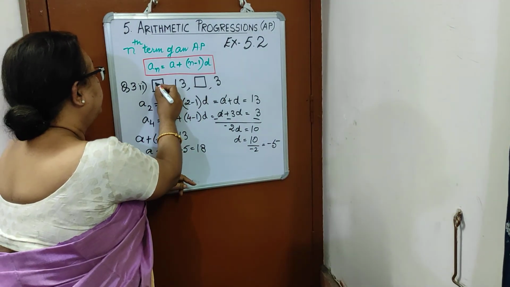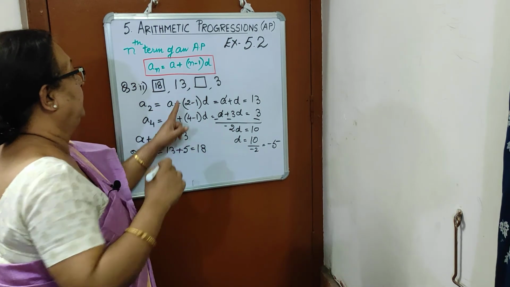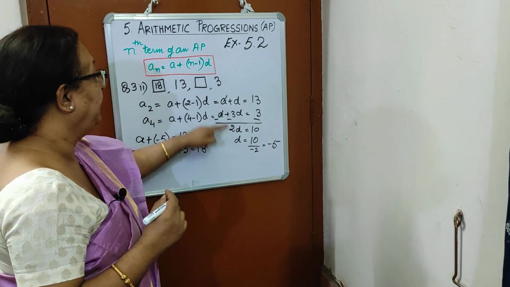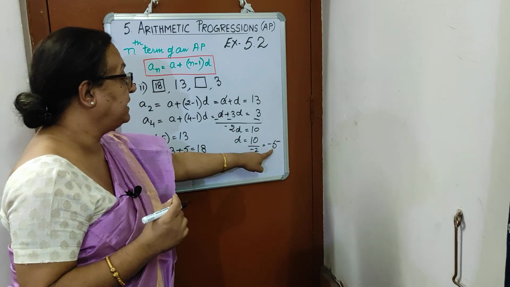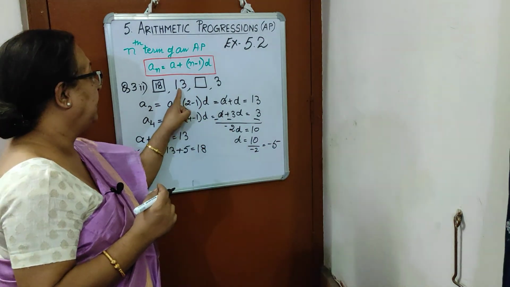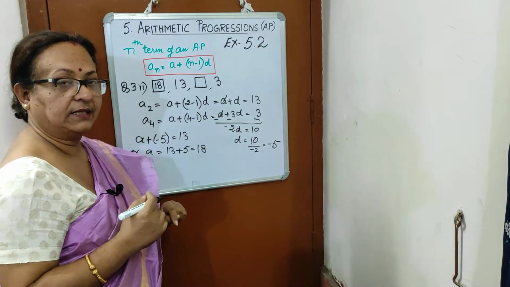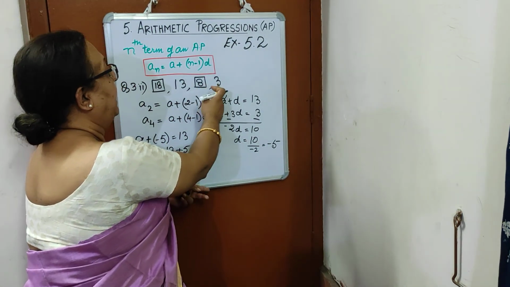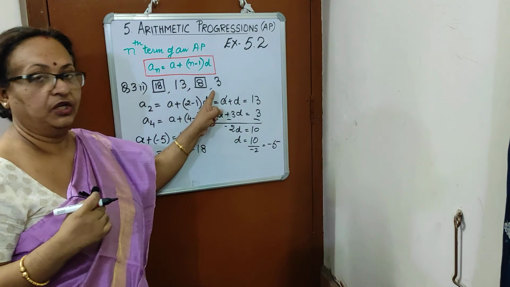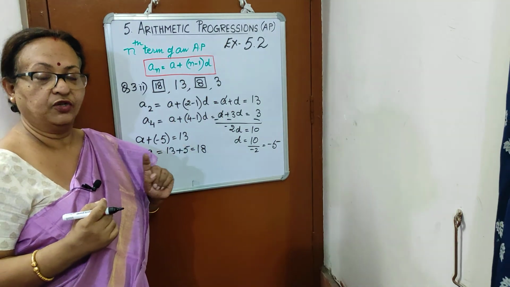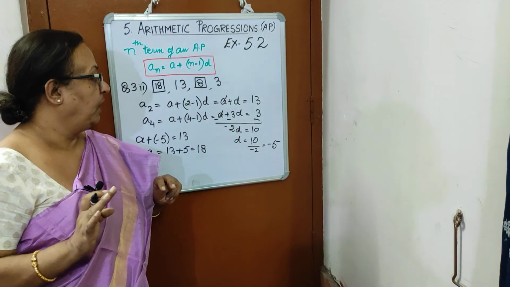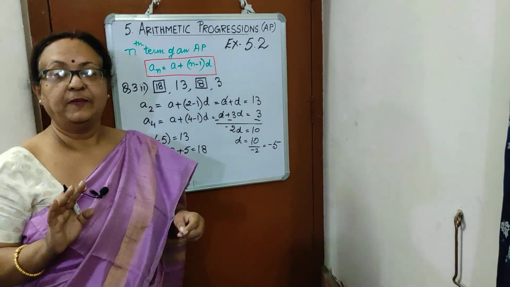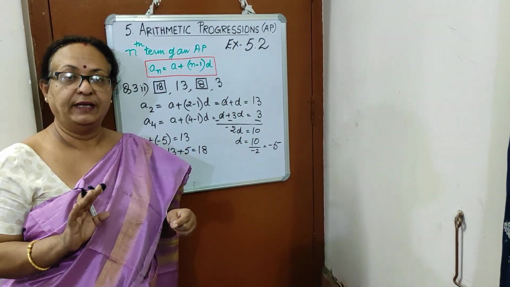You can put here 18. And what will this term be? The sequence is decreasing by 5 units. So 13, 5 less. What do you get? 8, and this continues. Okay children, so understood? Hope you all understood. Now, let it be this much for today. So children, thank you.